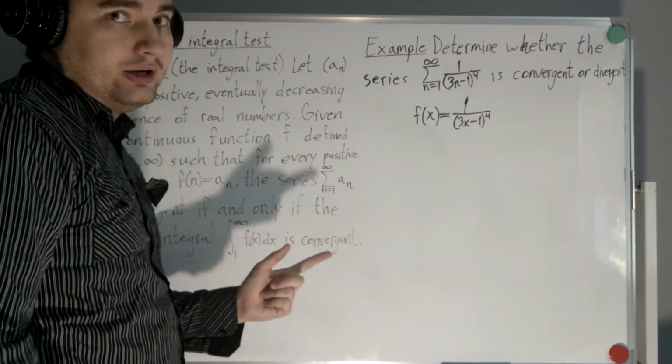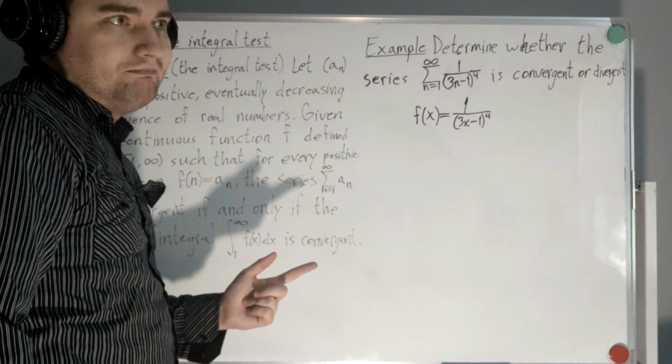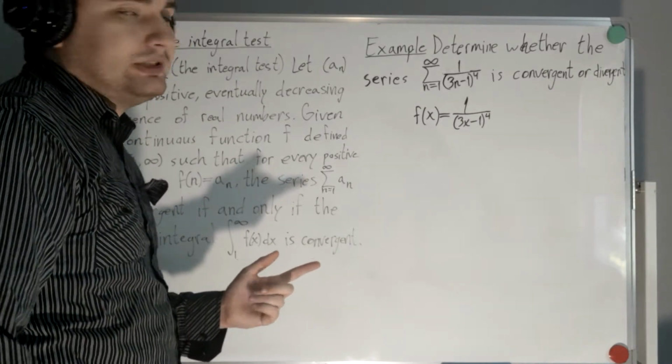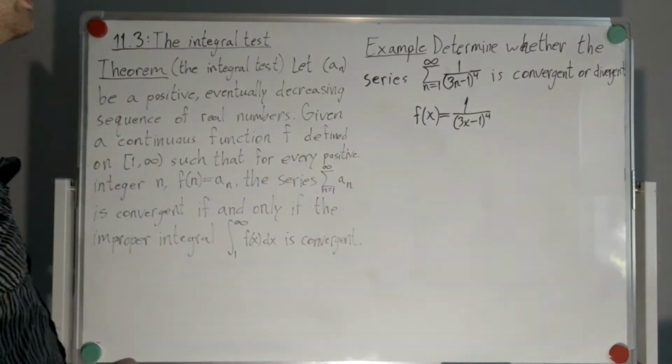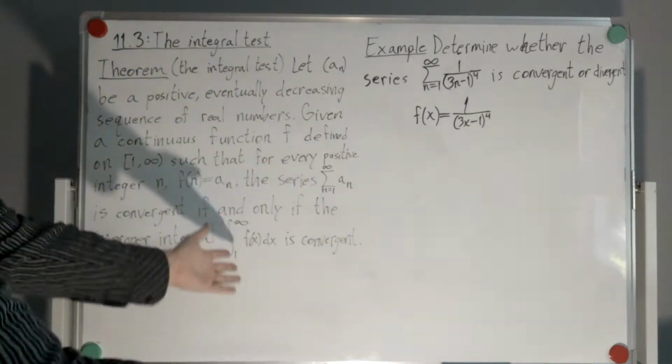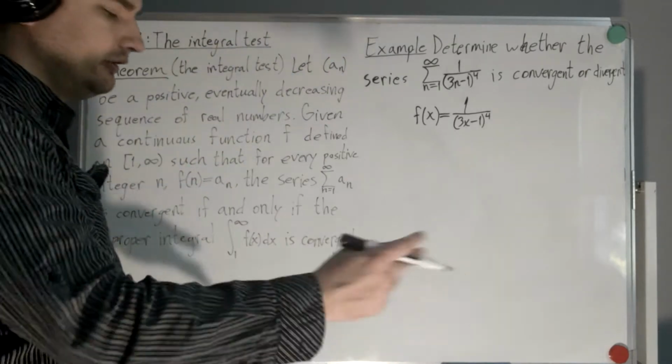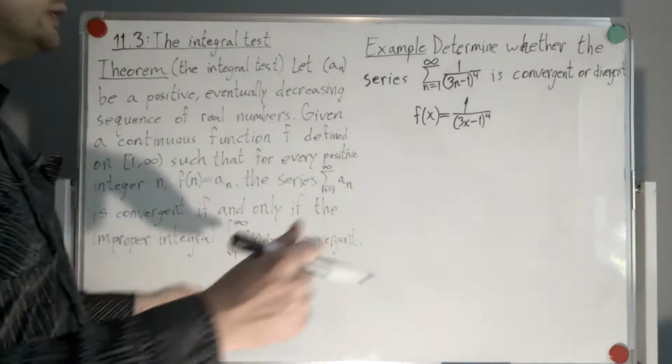Now this one is actually pretty easy to show that it is decreasing. Because you can take the derivative and show that the derivative is negative. That works.